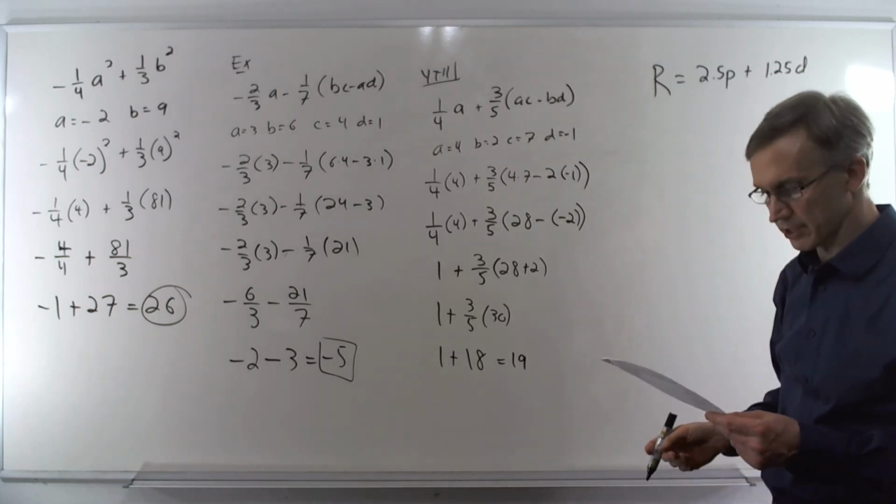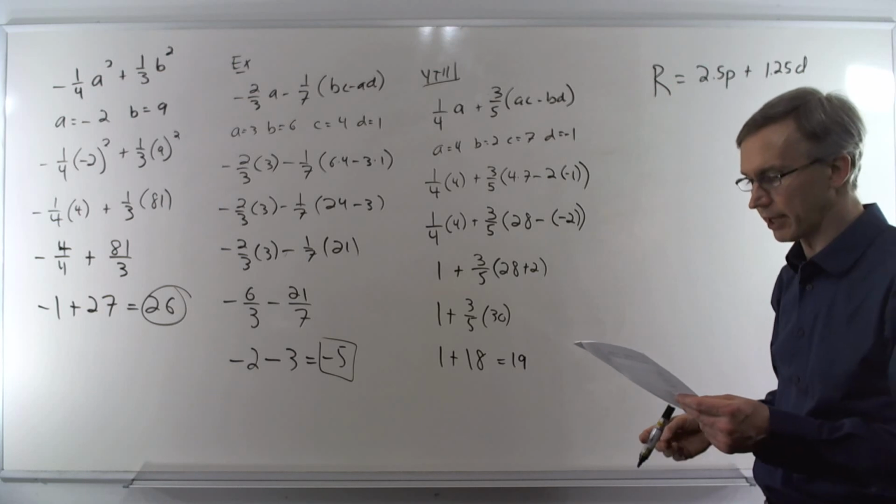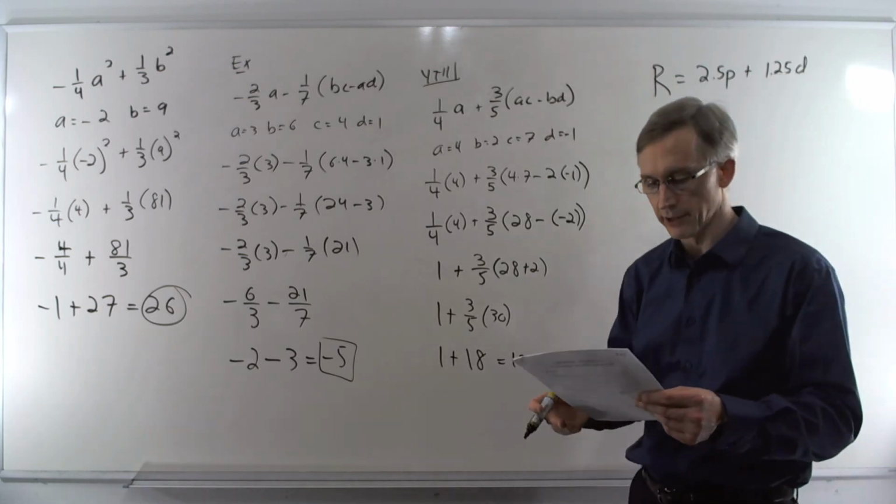Right now, if the owner sells 78 pretzels and 123 drinks a day, what's the total revenue? Go ahead and calculate that.